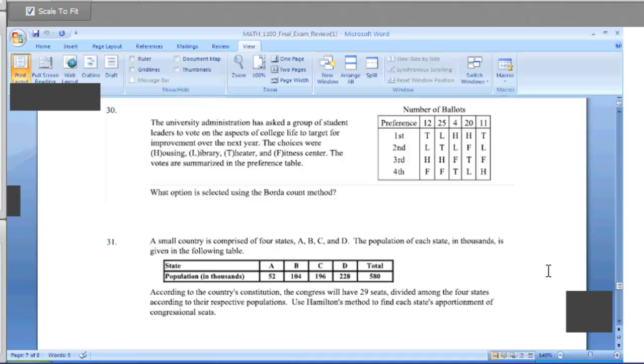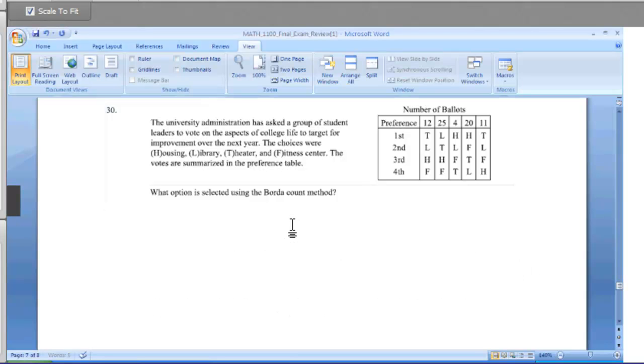Okay, for number 30, and make a little bit more space right quick. So number 30, the University Administration has asked a group of student leaders to vote on the aspects of college life to target for improvement over the next year. The choices were housing, library, theater, and fitness center.